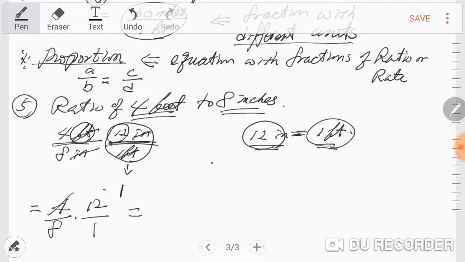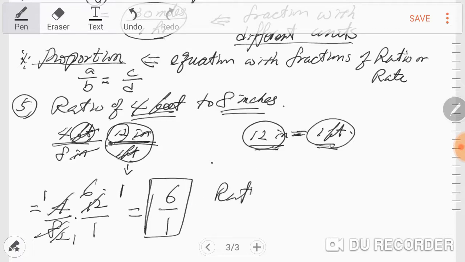Then 4 divided by 4 is 1, 8 divided by 4 is 2, 12 divided by 2 is 6, 2 divided by 2 is 1. So we can write 6 over 1. So this is the ratio of 4 feet to 8 inches using the same unit. The ratio will be 6 to 1.